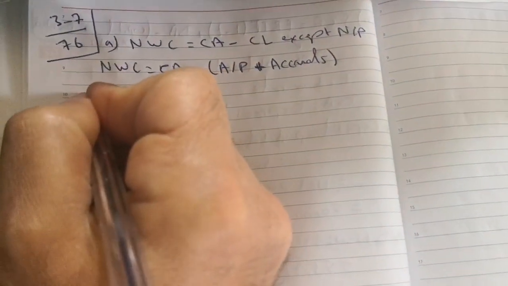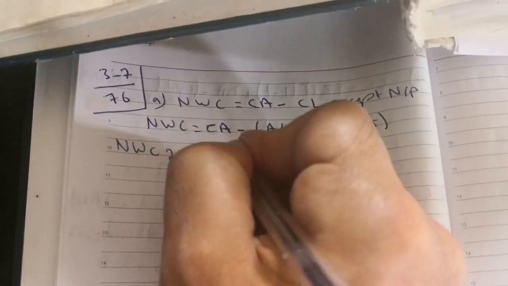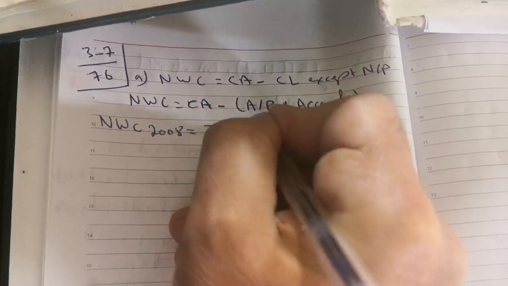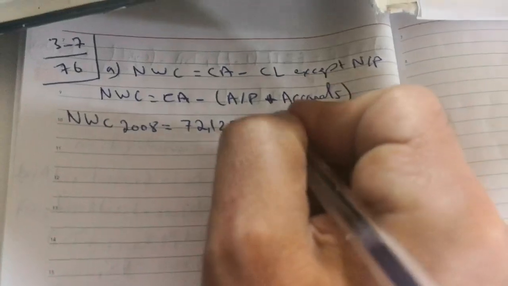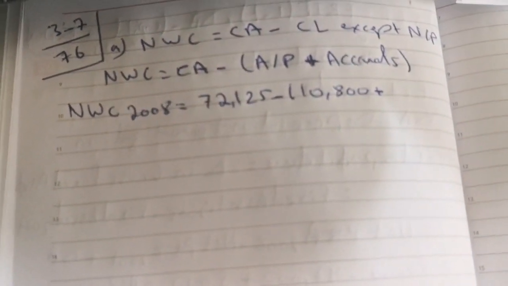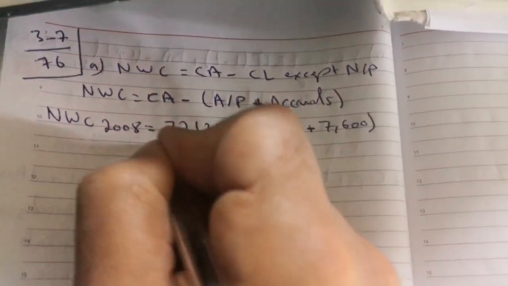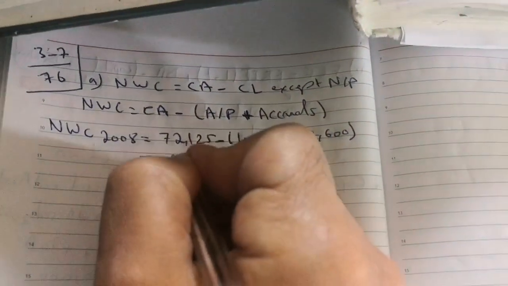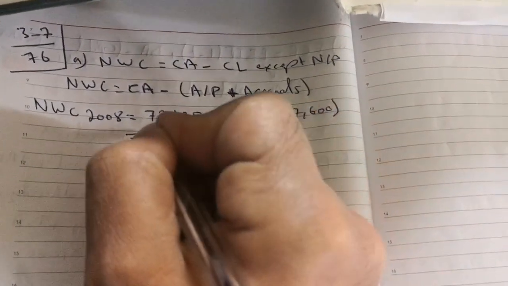To start with the year 2008, current assets, as we said, 72,125 minus accounts payable 10,800 plus accruals 7,600, and the answer is $53,725.